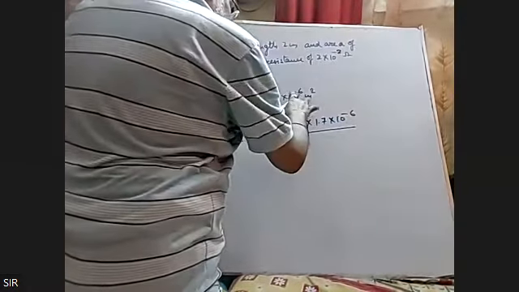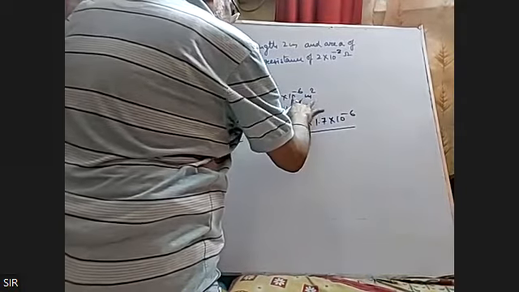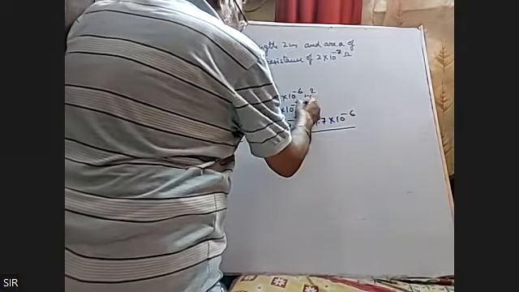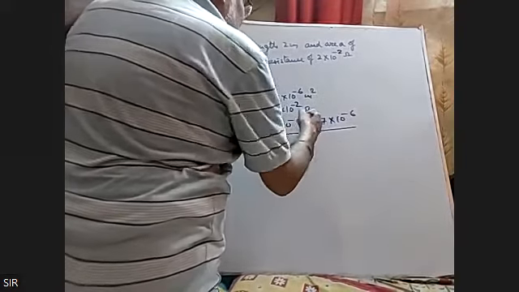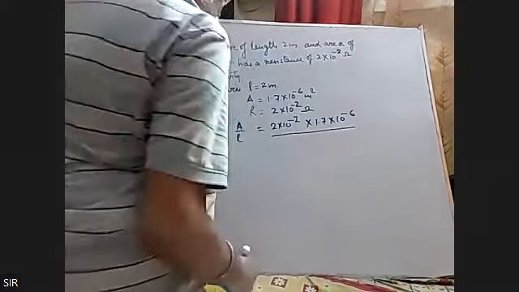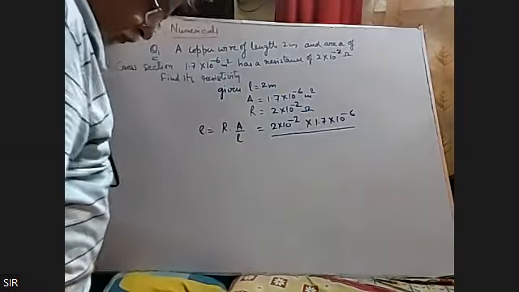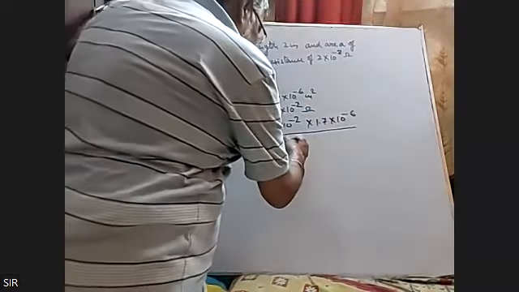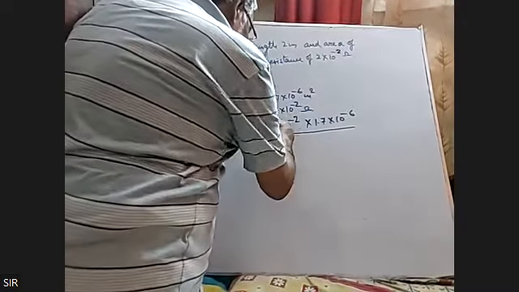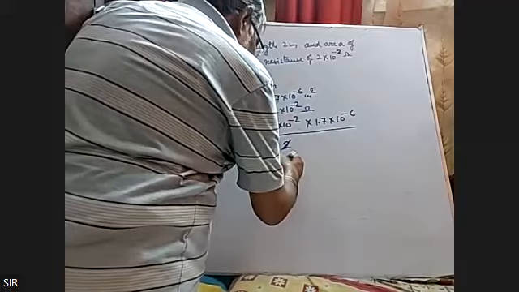Acha, I have written minus. This was minus 2. Anyway, your answer is correct. If it is given like that, it was minus 2, and divided by 2, so this becomes 1.7.